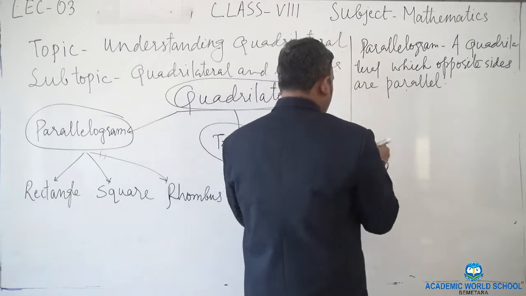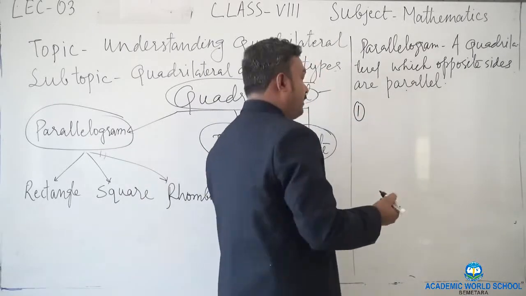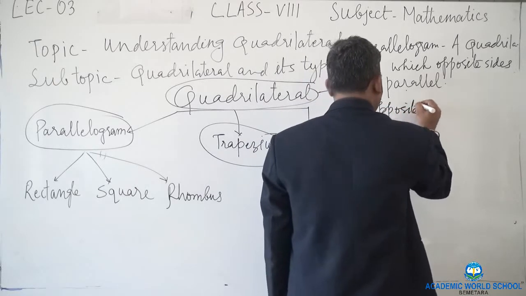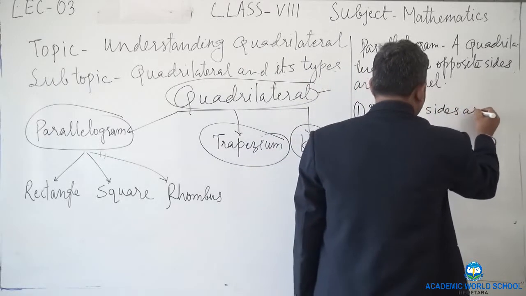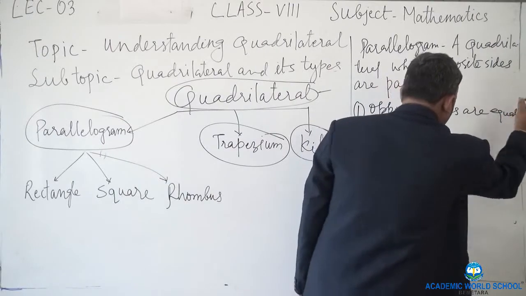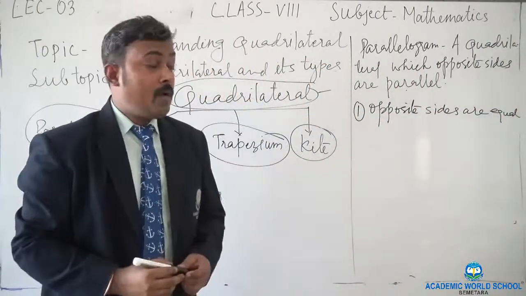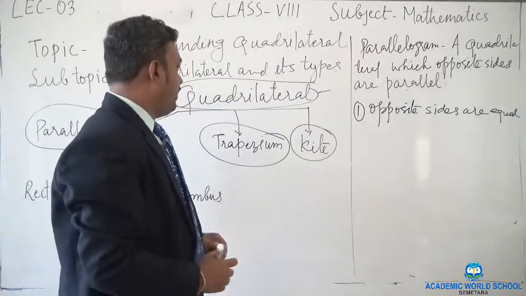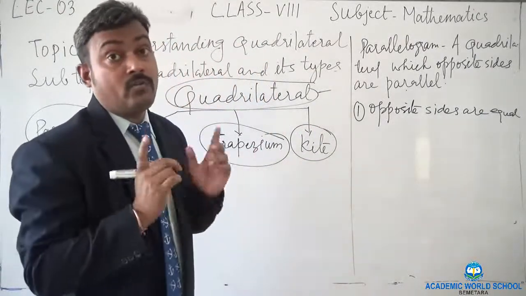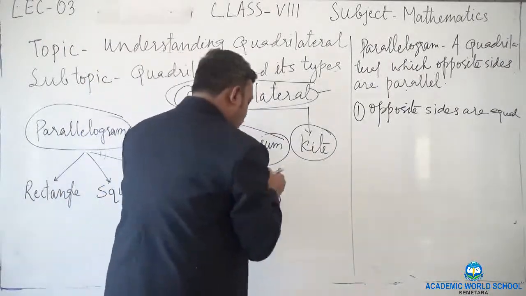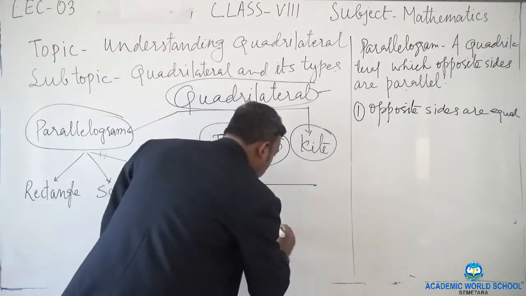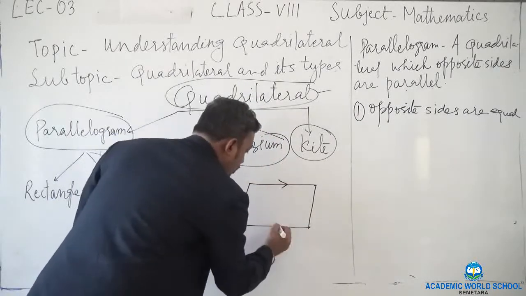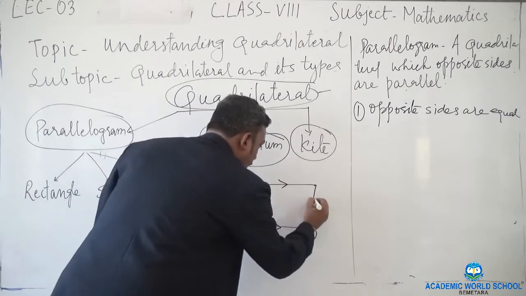The property of sides is that in a parallelogram opposite sides are equal. There is a reason behind this. We know that by definition a parallelogram is a quadrilateral whose opposite sides are parallel.